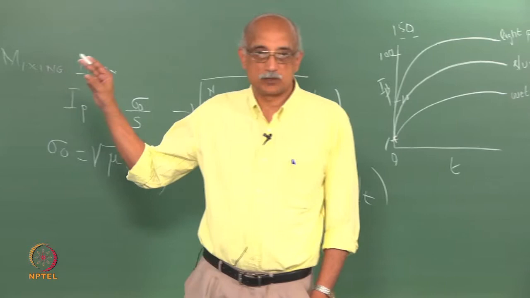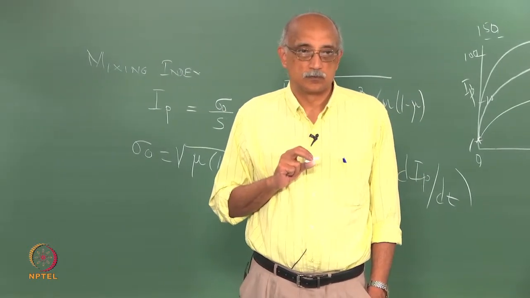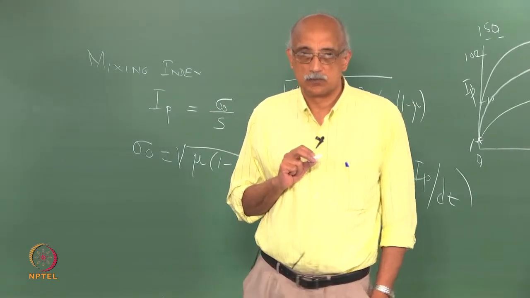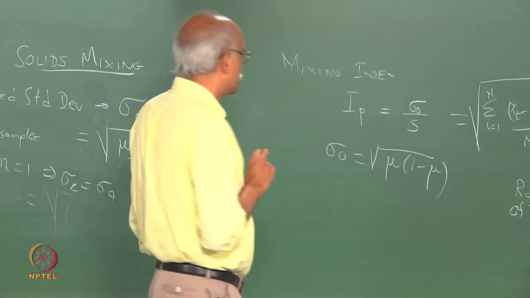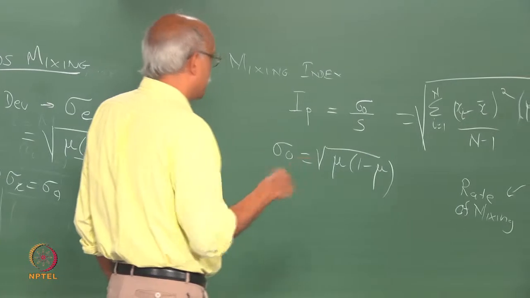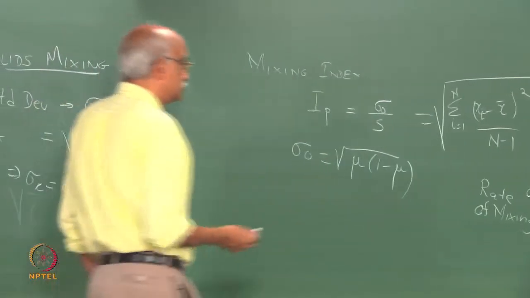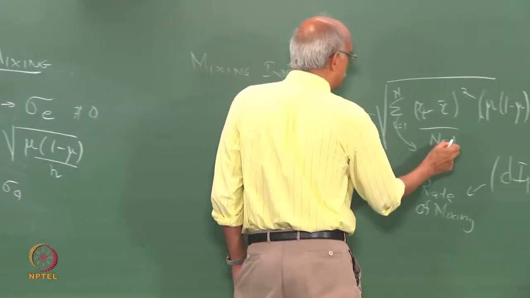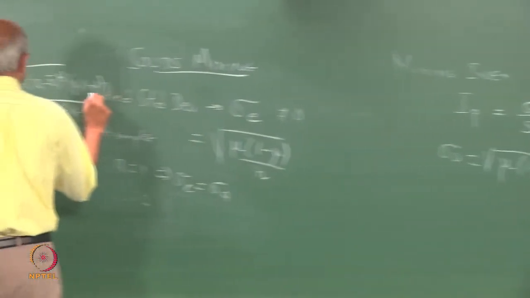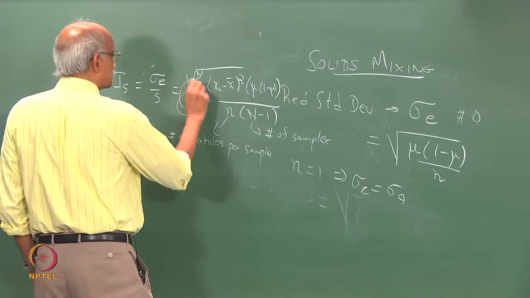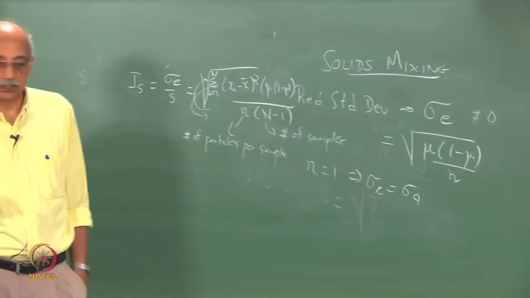So, I_P should become larger and larger, right. That summation term comes denominator. Oh, sorry, yeah, this should be in the numerator. Okay, guys can make that correction.